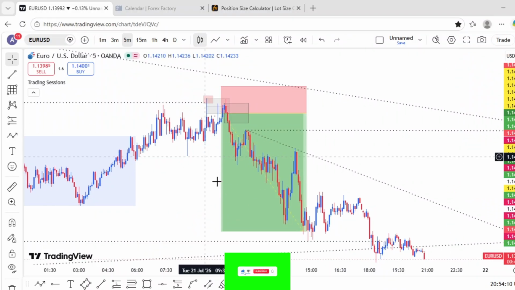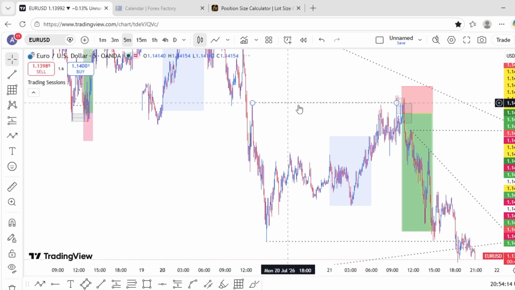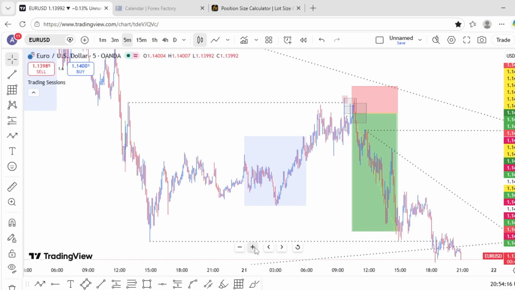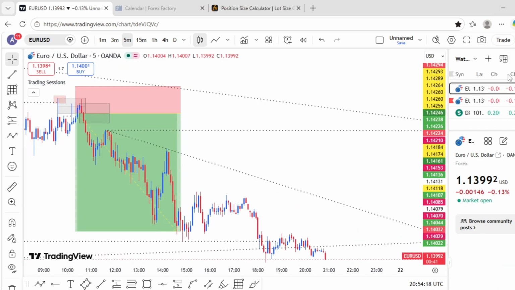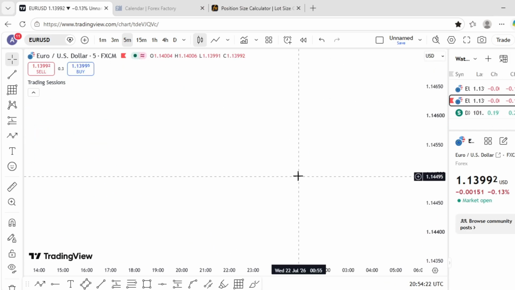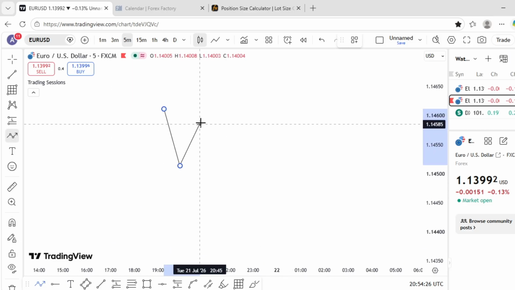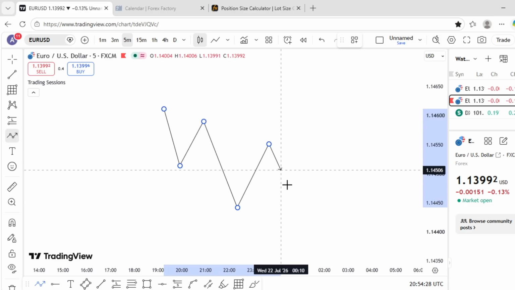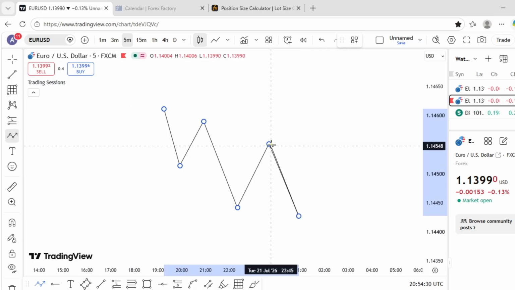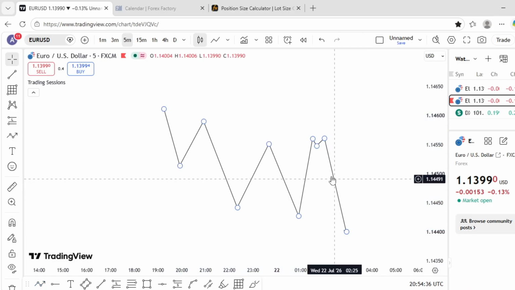So as you can see, this is the trade I took and let me break down the trade for you. You guys already know me as a liquidity trader, and when I wake up in the morning, if the market is trending bearish like this, I want the market to sweep a high like this, then give me a confirmation, then I'll sell to the downside.